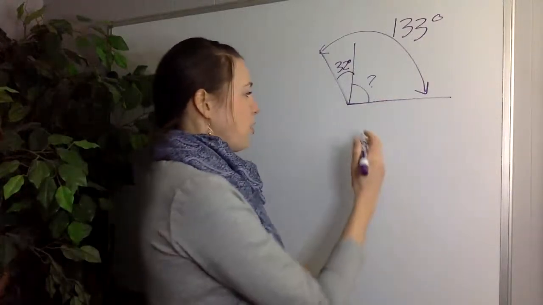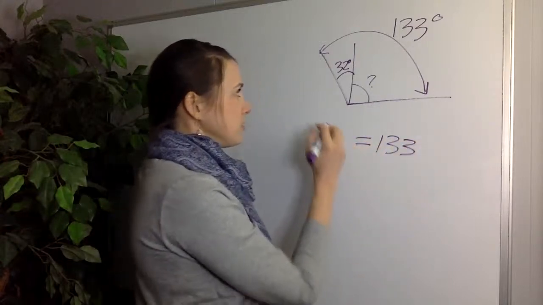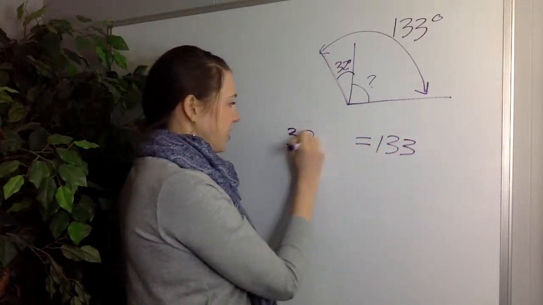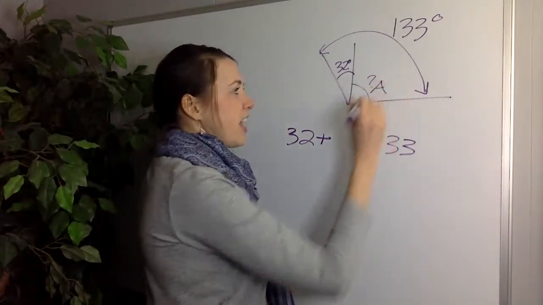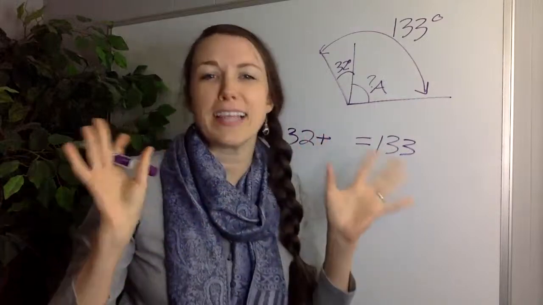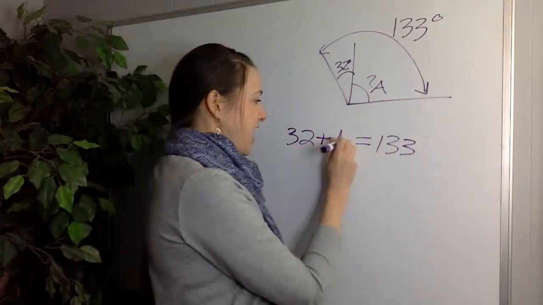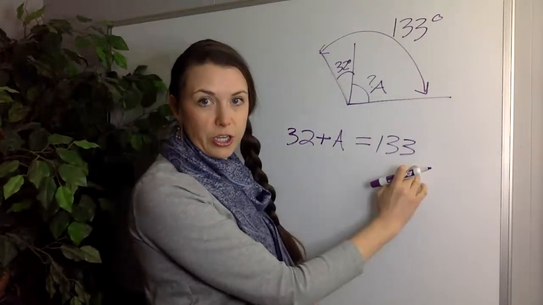We are going to go 133 equals, I'm going to do this 32 right here. And then we're going to say plus, I'm going to call this an A. That's for you, Alba, since you're taking the test, okay? You can use any letter you want. All right, so plus A. So we have 32 plus A equals 133.